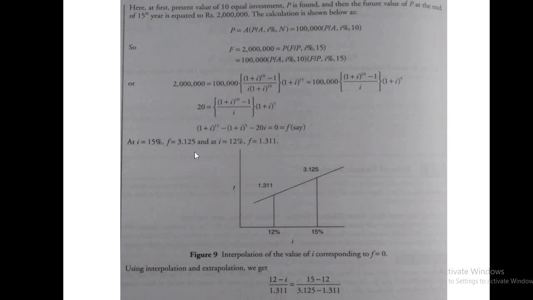Now we have to find out this I value, nothing but the interest rate. To find it, we have to put some I value. So we put 15% in this equation, and after substitution we get some value 3.125.